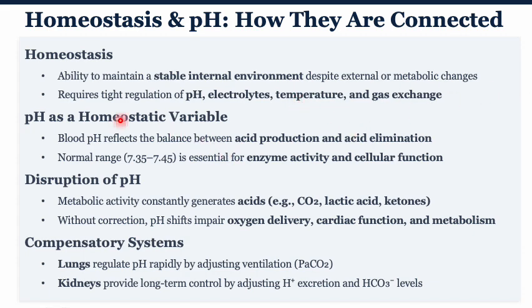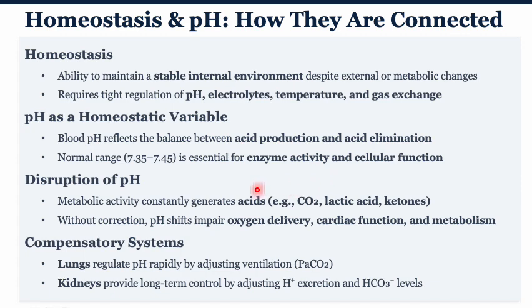It requires tight regulation of pH, electrolytes, temperature, and gas exchange. pH as a homeostatic variable: the blood pH reflects the balance between acid production and acid elimination. A normal range is 7.35 to 7.45, and this is essential for enzyme activity and cellular function.